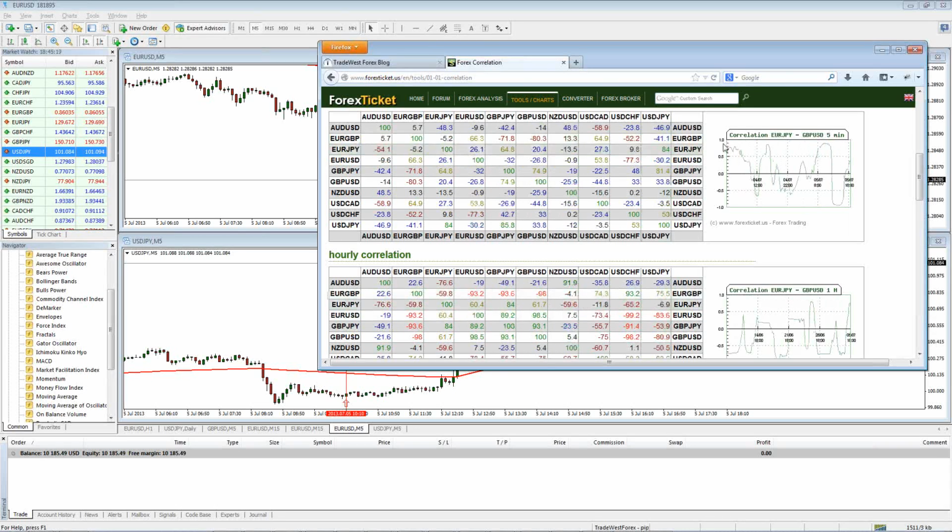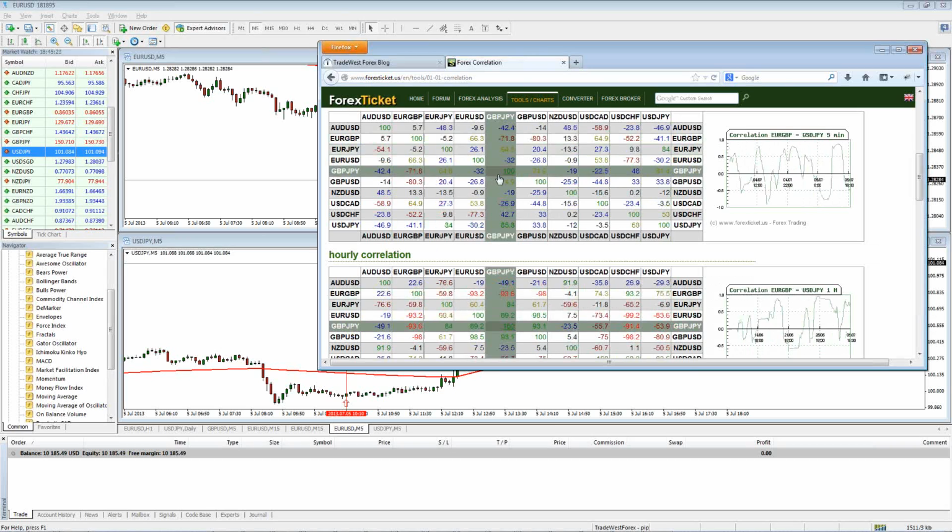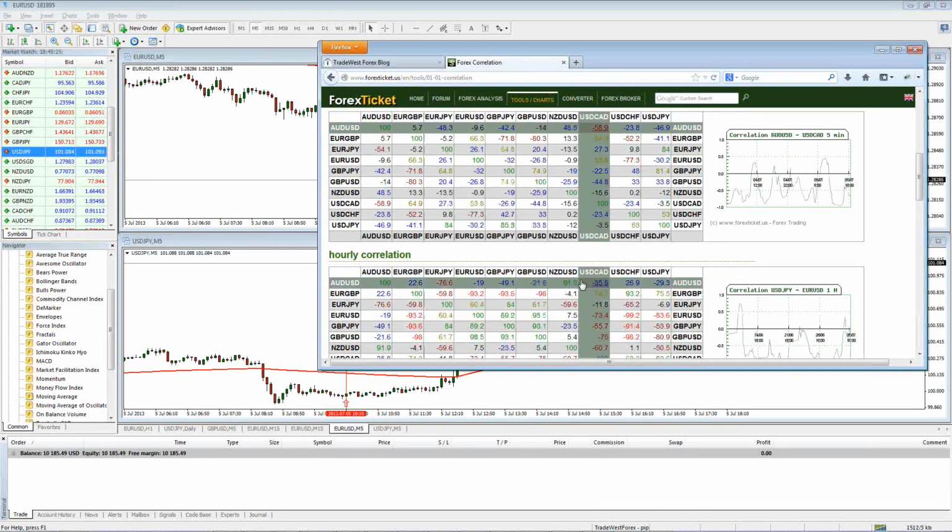You just come in here, it's kind of hard to see the chart, but you look at some of these.